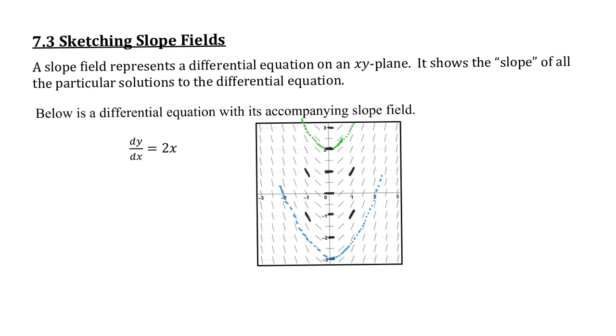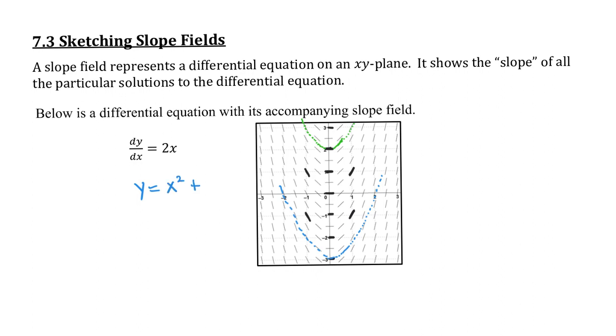Okay, let's just consider what y would equal by doing the antiderivative. So let me take the integral of both sides. If I do that, I get y equals the integral of 2x, raise it to x squared, and then divide it by 2. 2x squared divided by 2 is just x squared.